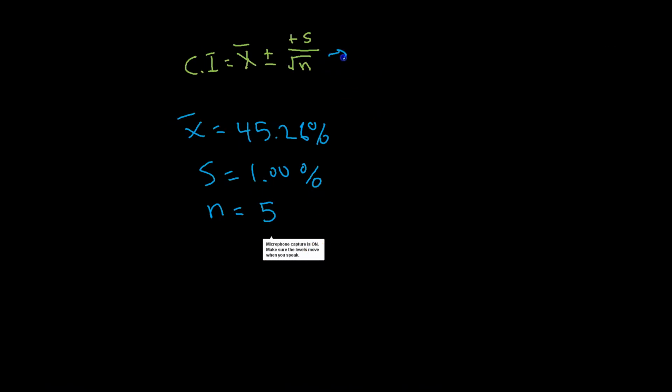So you get 45.26 plus or minus T, right? So this is the number you have to find. I'll plug the rest of this in. So you have your square root of N on the bottom times your standard deviation up here. This is all percent. The question is what's T, and in order to figure out what T is, you need to figure out what your degrees of freedom are.